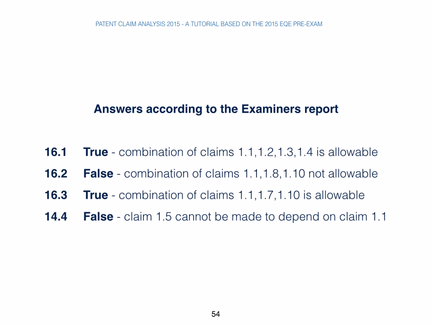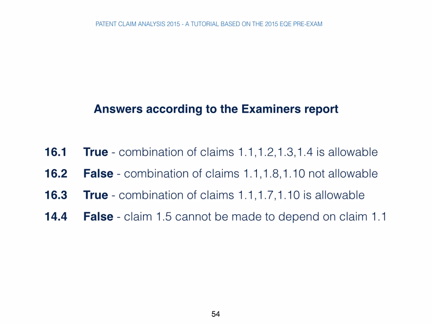So for question 16, 16.1 is true. The combination of claims 1.1, 1.2, 1.3 and 1.4 is allowable. 16.2 is false. The combination of claims 1.1, 1.8 and 1.10 is not allowable. 16.3 is true.